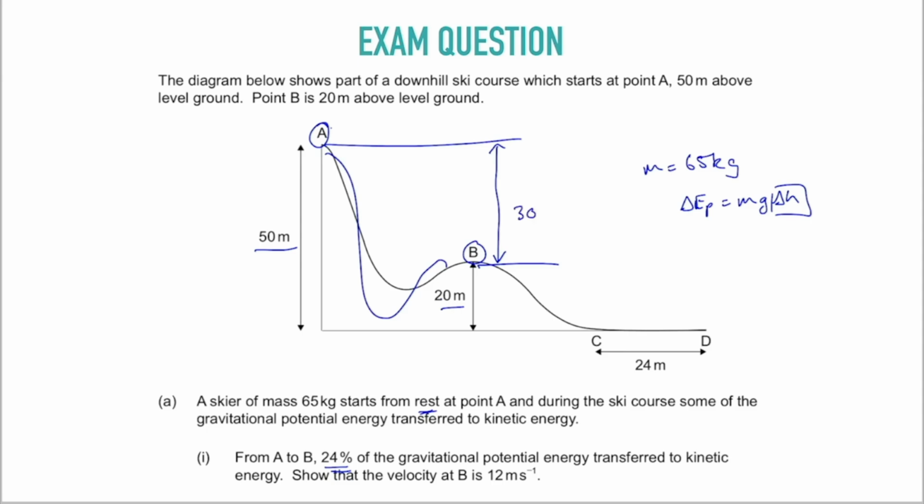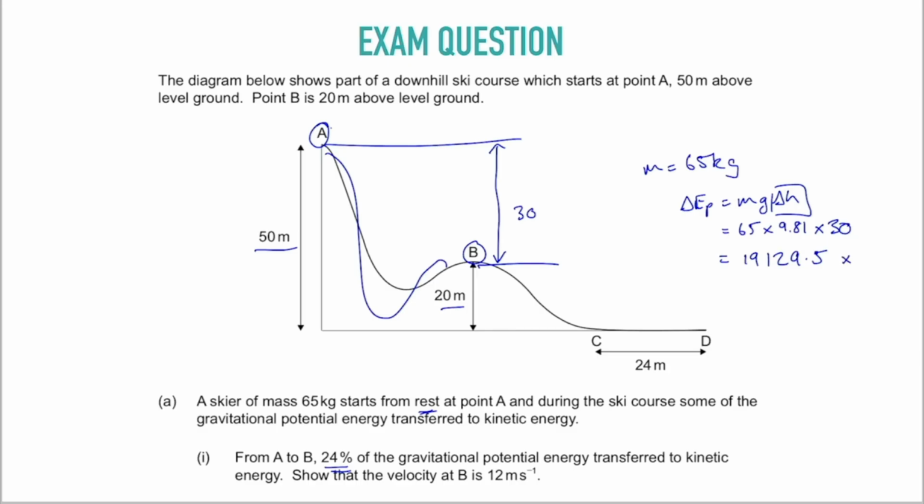So it starts off at 50, goes down to 20, so it loses the equivalent amount of gravitational potential energy, which is 65 times 9.81 times 30, which comes out at 19129.5. I'm not going to round that just yet because we're in the middle of the calculations.